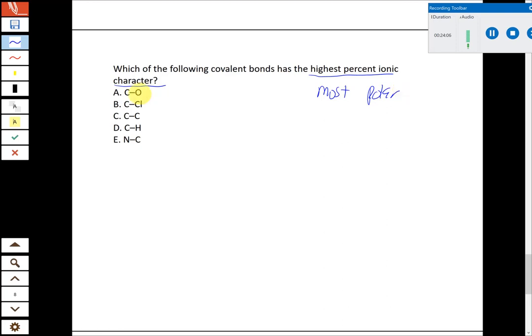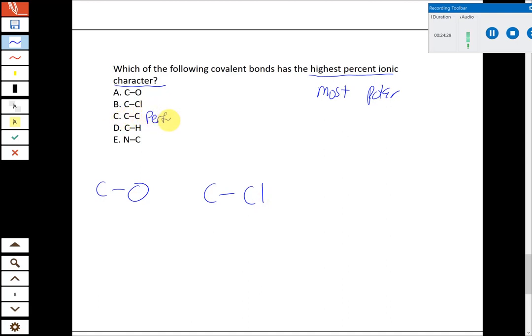These all involve carbon, and so to find the one that's the most polar, we just have to compare carbon to the other atom and see which one's furthest apart in electronegativity value. So if we go CO versus CCl, before we do that though, let's look at if there's any that we can eliminate. And what we'll see right here is that choice C is carbon bonded to itself.